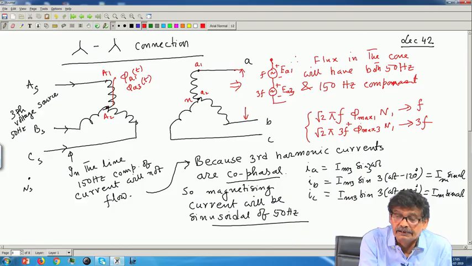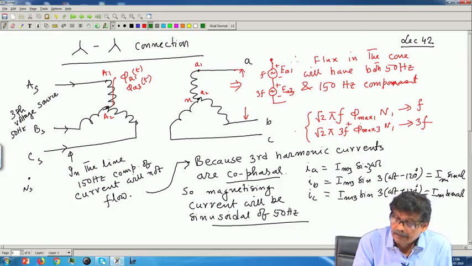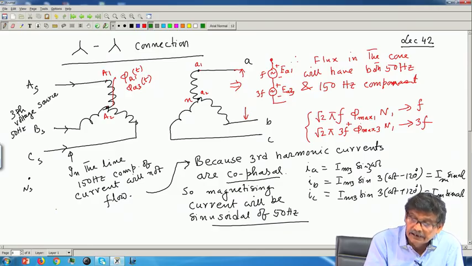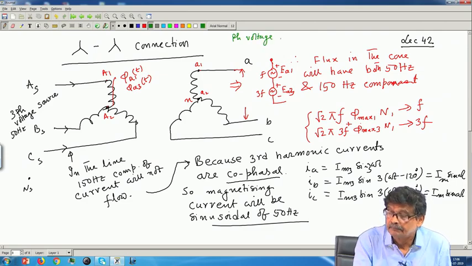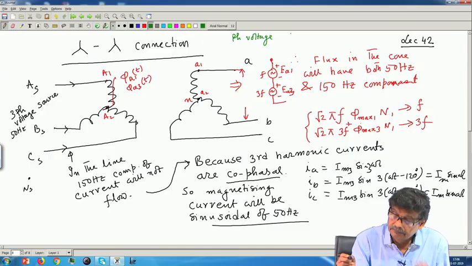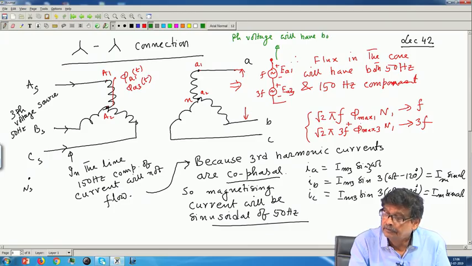So, phase voltage, right here, that is, this diagram suggests, will have both 50 hertz and 150 hertz.